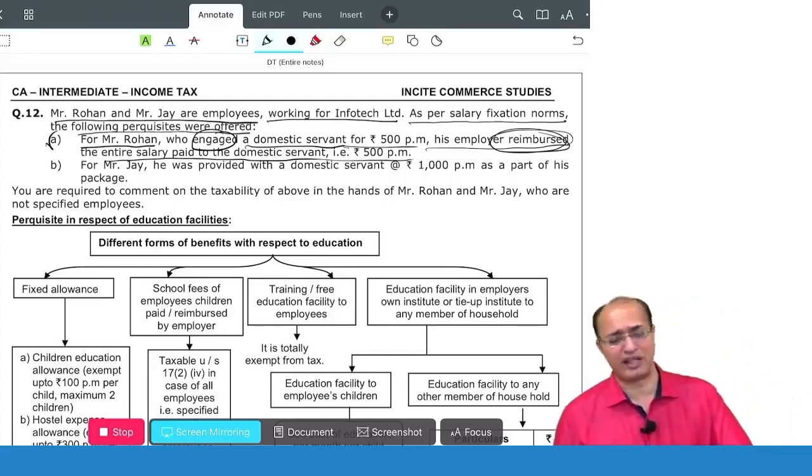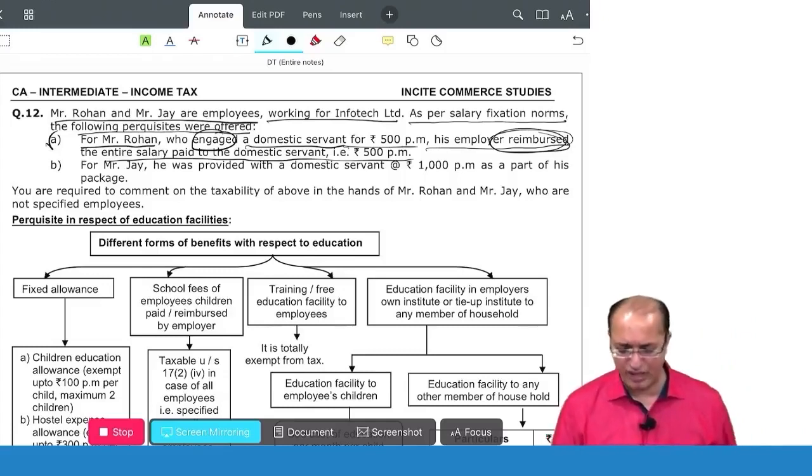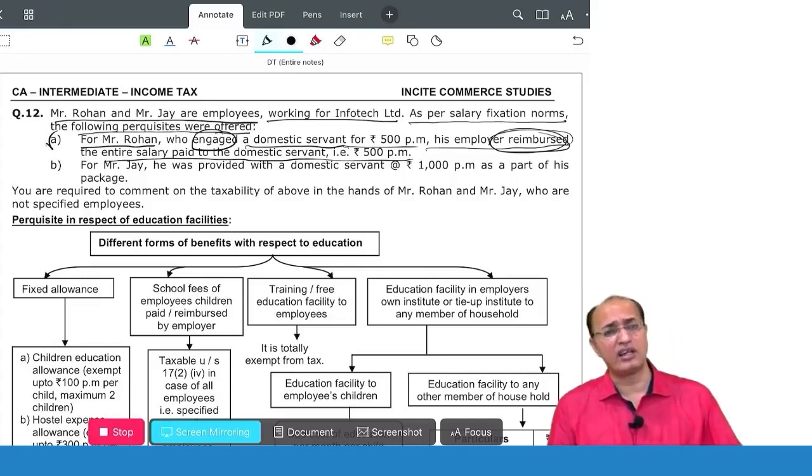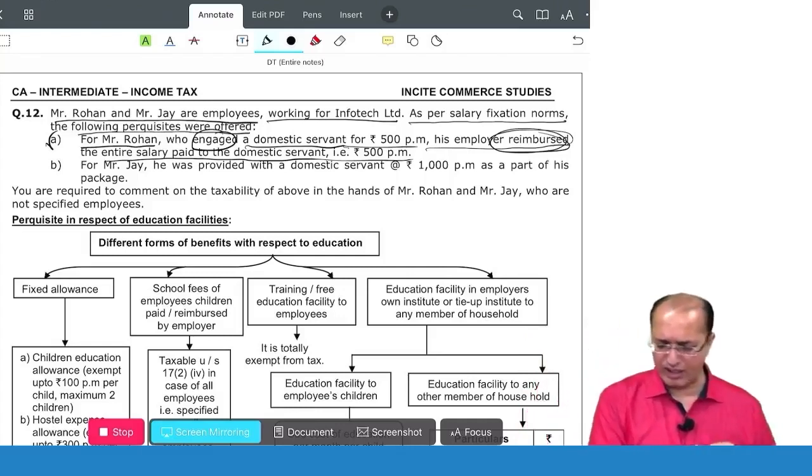So what should be taxed in the hands of Rohan is 500 per month multiplied by 12 months, that is 6,000. Irrespective of whether Mr. Rohan is a specified employee or non-specified employee, in both cases 6,000 should become taxable to him. Is that very, very clear?